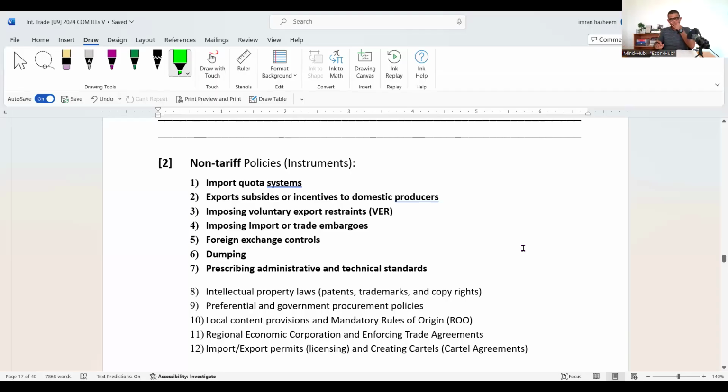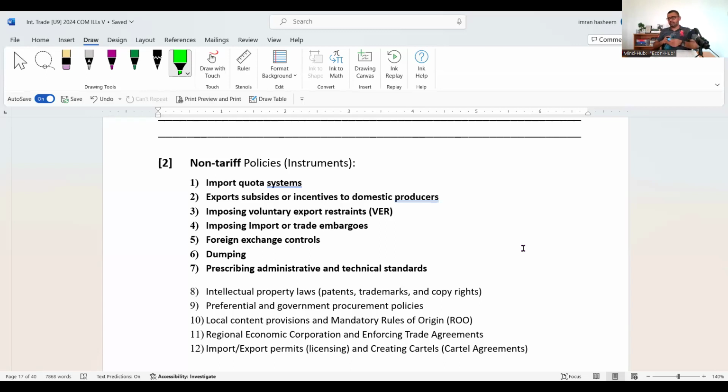I've given 12 non-tariff measures. That's a lot. But the first 7 I have identified as the most commonly practiced and used, and something that you definitely need to know.